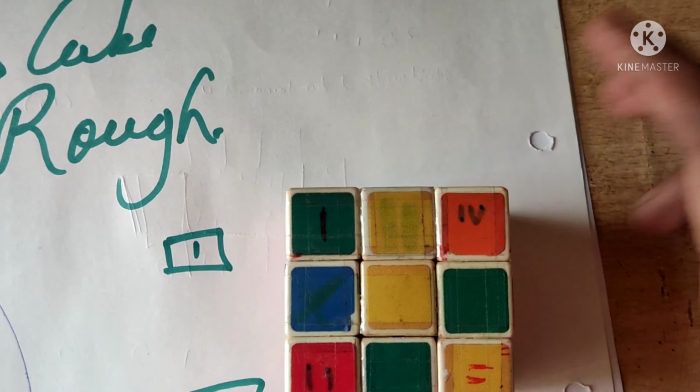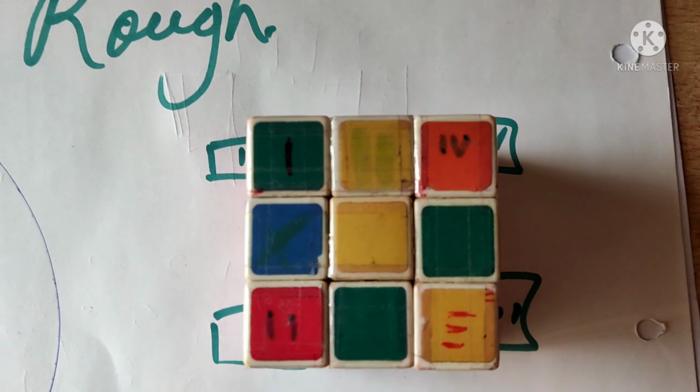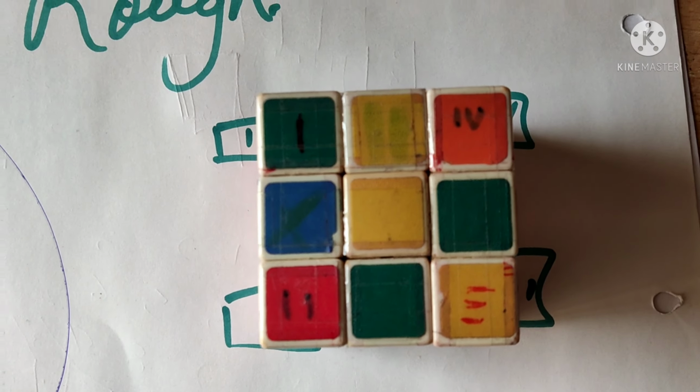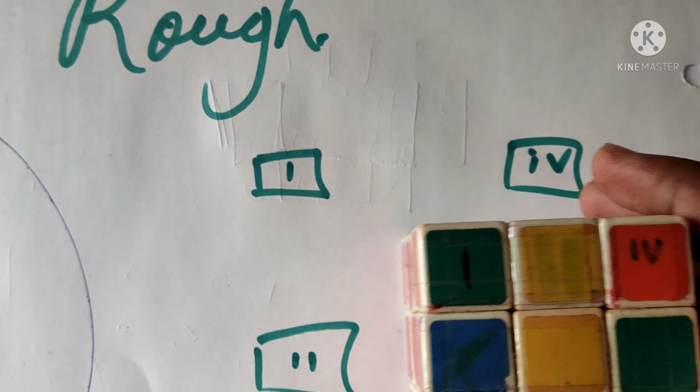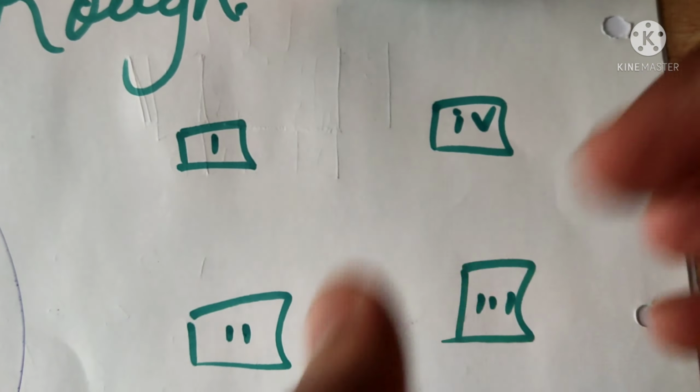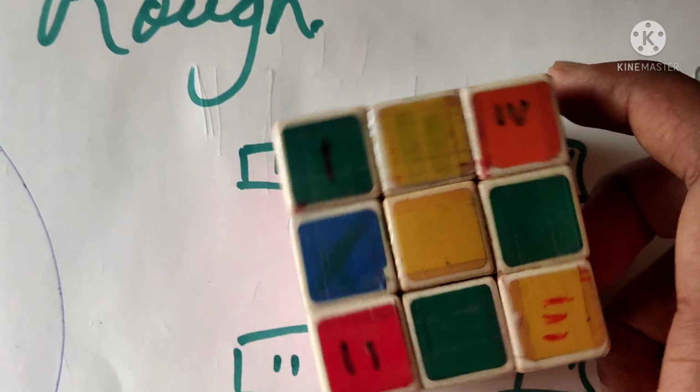So basically before doing that, I will be showing a few conventions that I'm going to follow just in order to have it written on a piece of paper more conveniently.